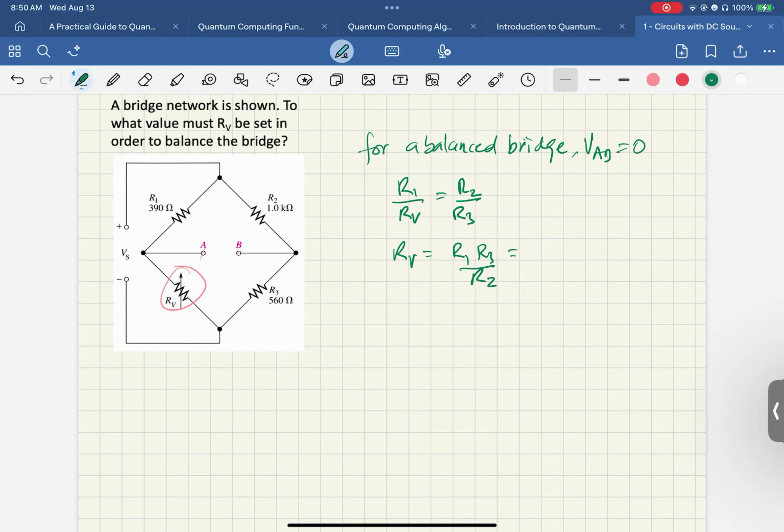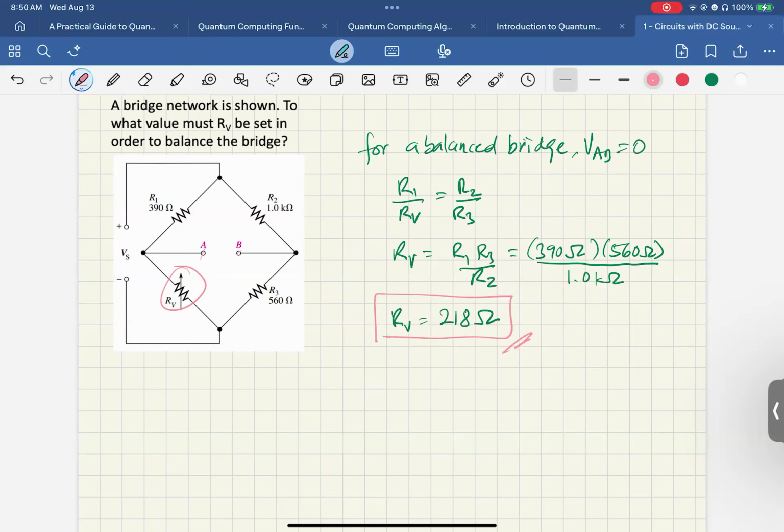R1 is 390 ohms, and R3 is 560 ohms, divided by R2, which is 1 kilo ohm. So RV is now equal to 218 ohms.